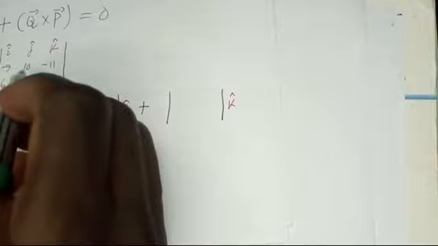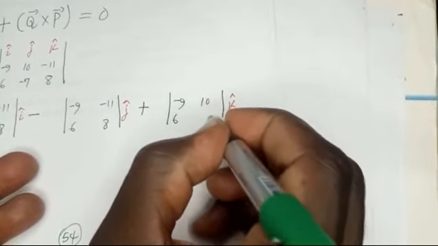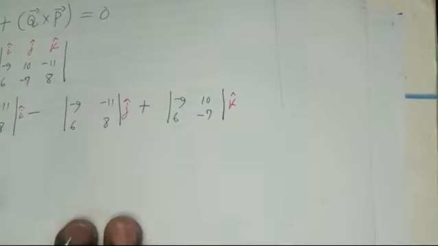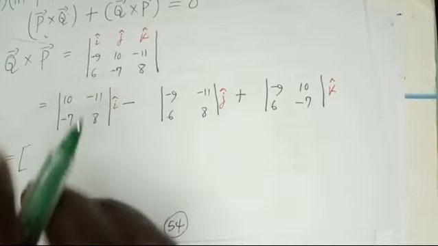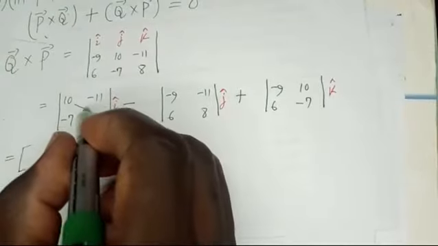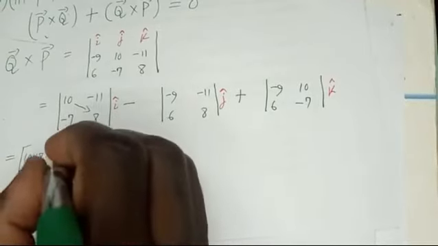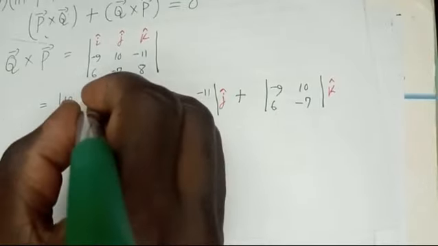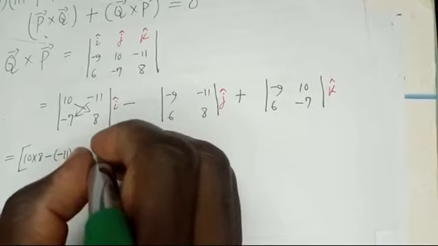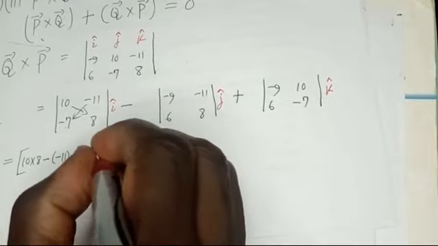Then here I ignore this column and this row, I have minus 9, 6, and then 10, minus 7. Then I will say this is equal to, I open my square bracket, this times this, since they are both positive I do not need a bracket, minus, but this is negative, so minus 11 multiplied by minus 7. This times this, or this times this, anyone you take is correct. And this is for my i cap.